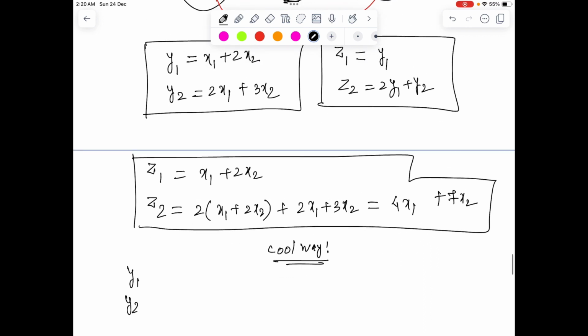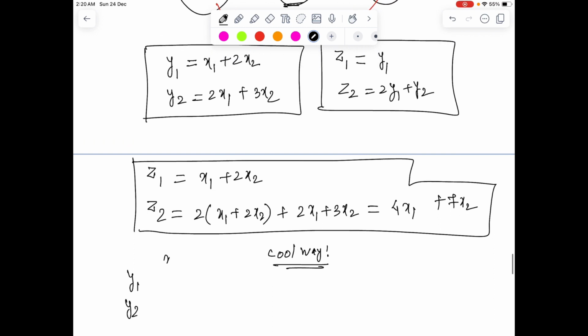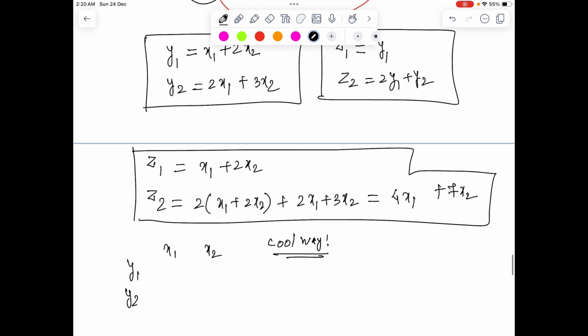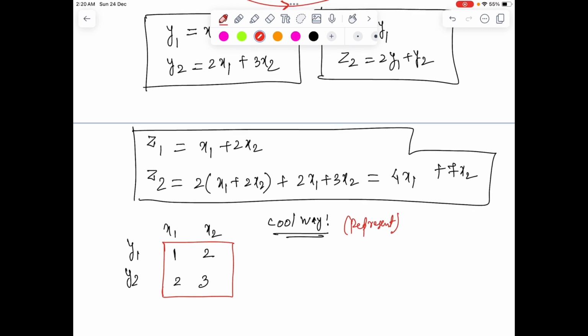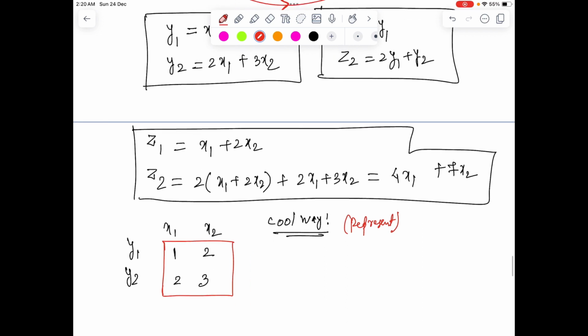So clearly y1, y2 we can write just using the coefficients of x1 and x2, which is a cool way of representing this information. We have 1, 2 and 2, 3. It's nothing great, we're just trying to represent it in this fashion so that it looks nice.